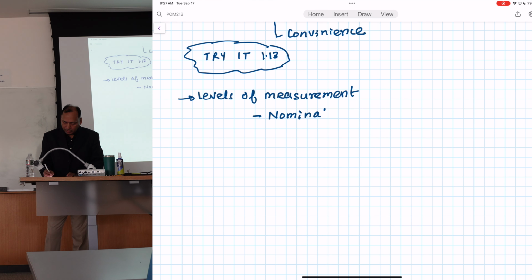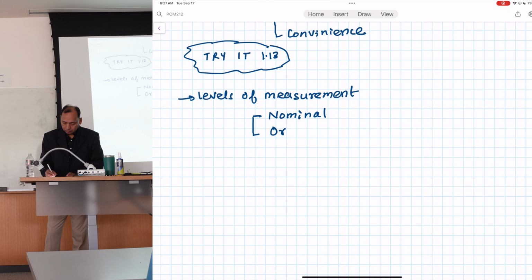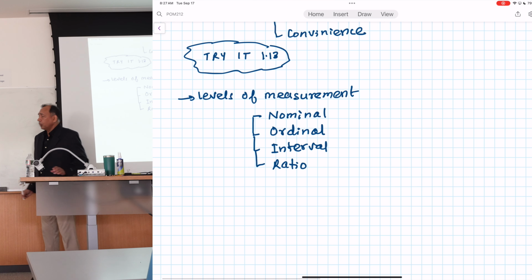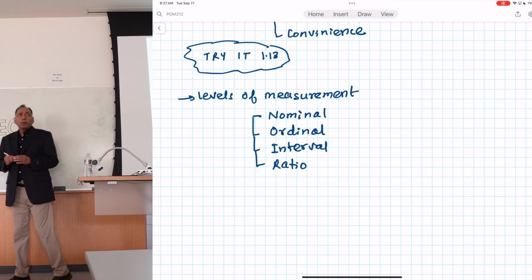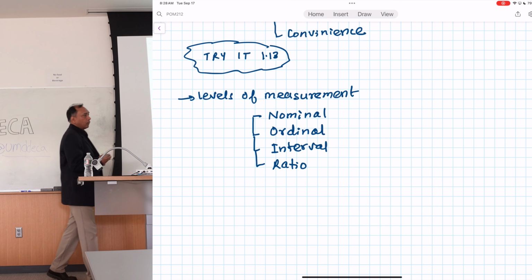You may have nominal type of data, or you may have ordinal, or interval, or ratio. So these are 4 names we use for different types of data.